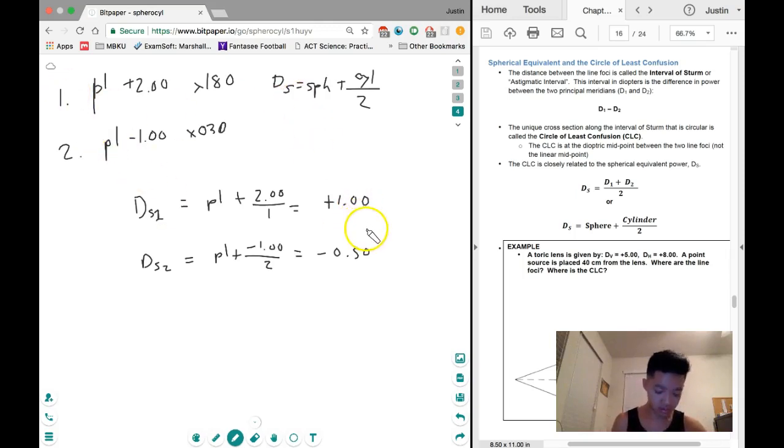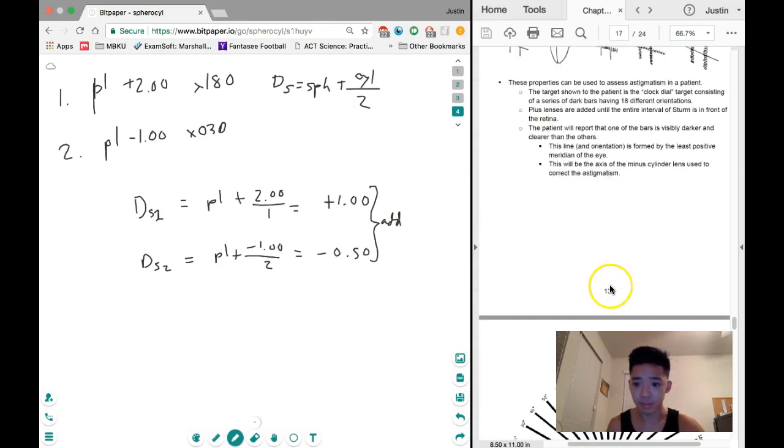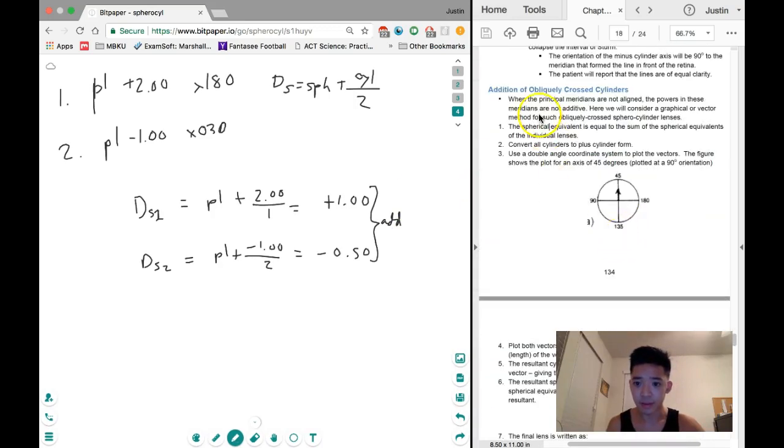We take these two and add, that is the next step. The spherical equivalent is the sum of these spherical equivalents. I know we're saying spherical equivalent a lot, but it's the sum of these two, and so you get plus 0.50. We're going to be using that later.